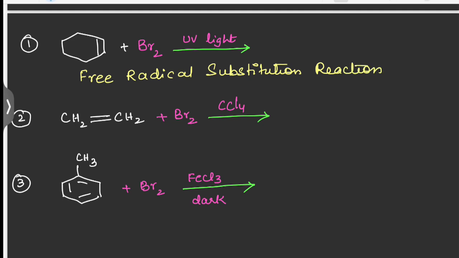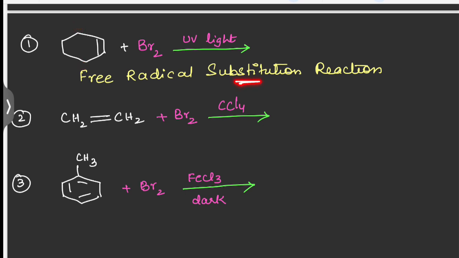If it is free radical substitution reaction, always remember that you should not touch the double bond. So free radical, see where a stable free radical will be formed. Always remember, next to the double bond, the carbon which is present here. If you form free radical here, this free radical can be stabilized by this double bond. Therefore, stable free radical will be formed here. You can form free radical here or here, it is one and the same.